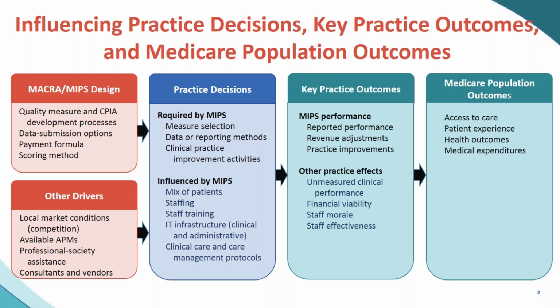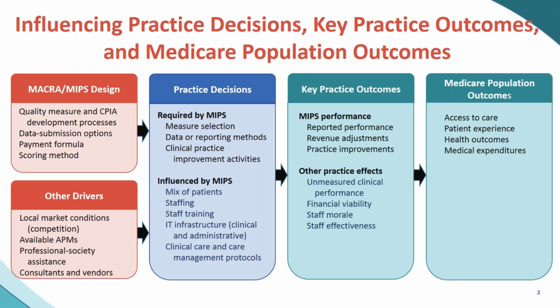Those influence what's happening at the practice level. Those practice decisions that you're making around selection of workflows, how you're going to submit, how you're going to address those CPIA activities, and also your mix of patients, training and all that, those in turn are intended to influence outcomes, hopefully positively, where you're going to report your performance.